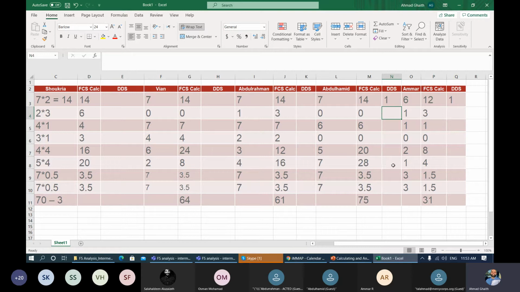What is going to be Abdul Hamid's score? Right, 0. And for Amar? Amar 1. So he has 1.